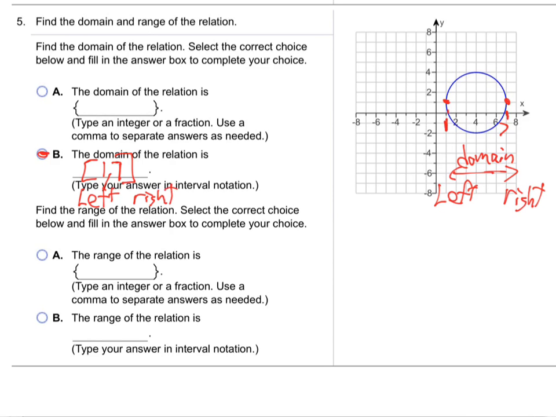Can you do the range? Bottom, top? So what's the bottom of that graph? -2, right here. What's the top? Right here, 4.